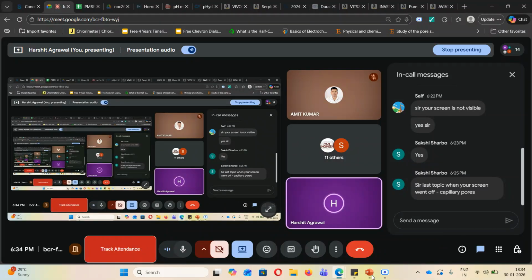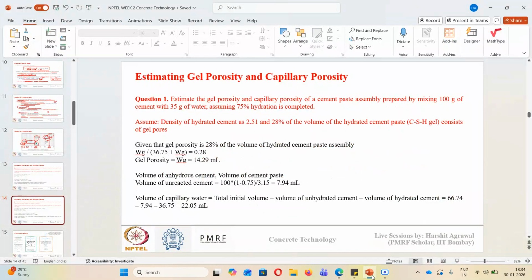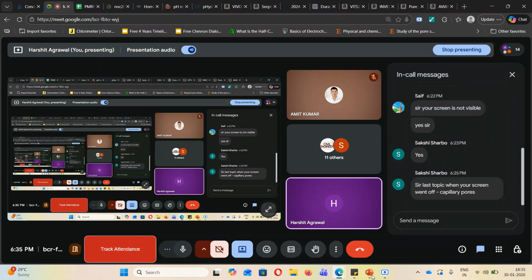Any doubt in this discussion? Just try to reply in the chat box or unmute and speak so that I am clear whether to move ahead or not.